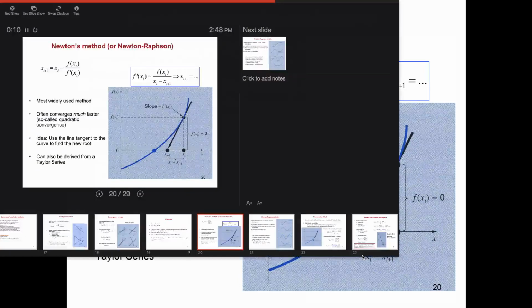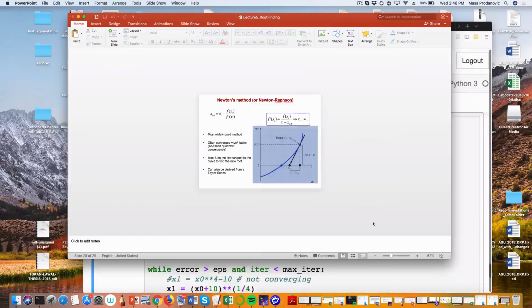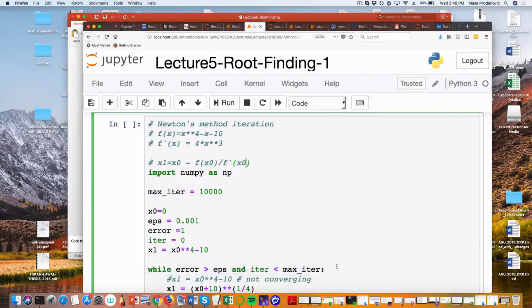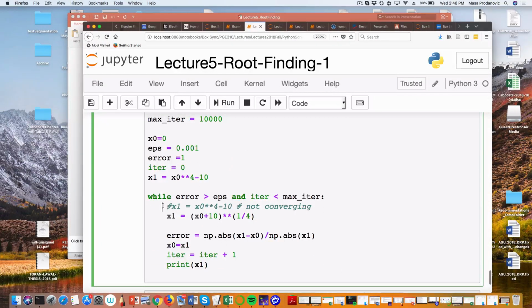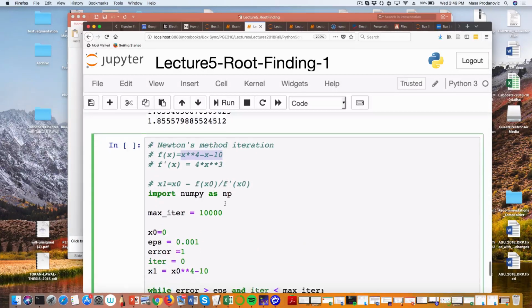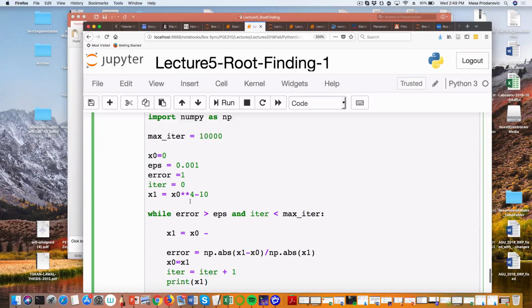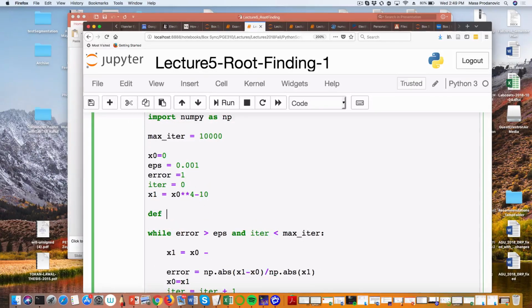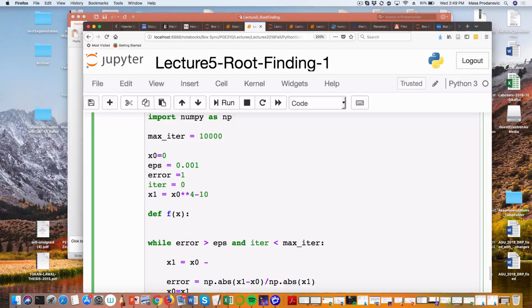And I already have the shell of my code from fixed point iteration. I'm going to reuse it. The only thing that I'm changing is this part. So it's x0 in this case minus f of x0, which I'm going to borrow from here, and I'm going to define functions to find f of x.